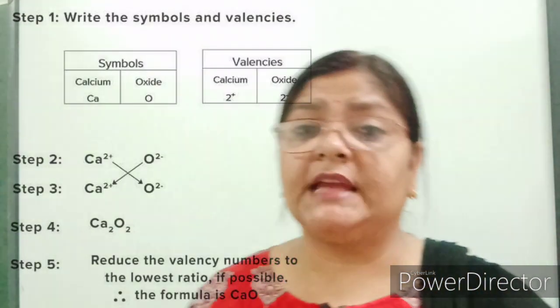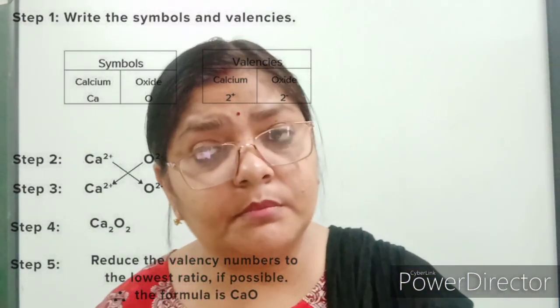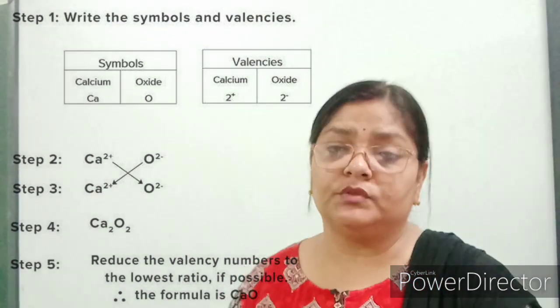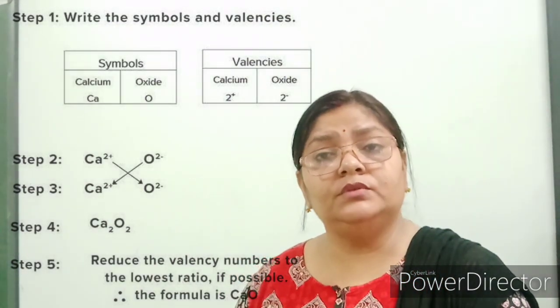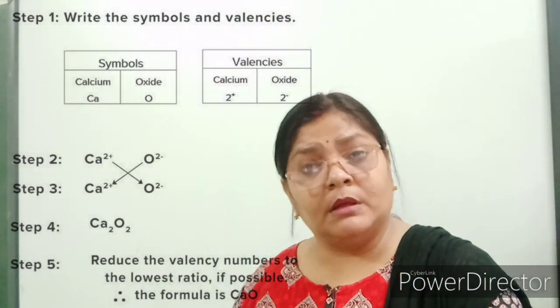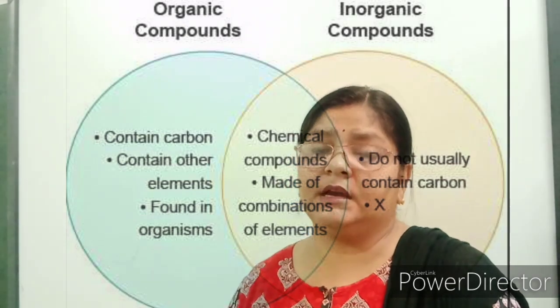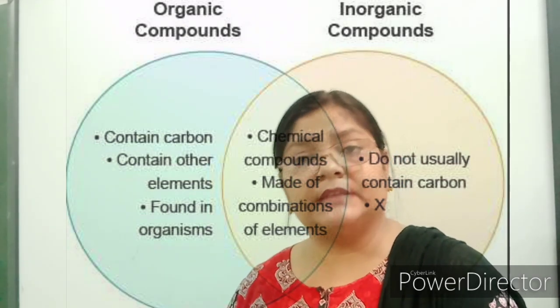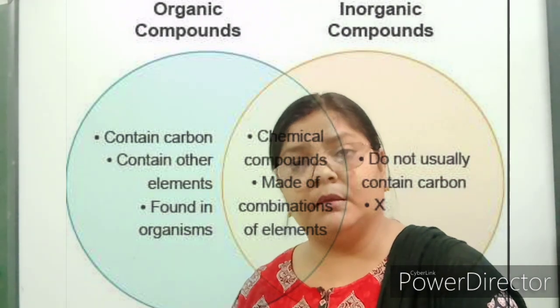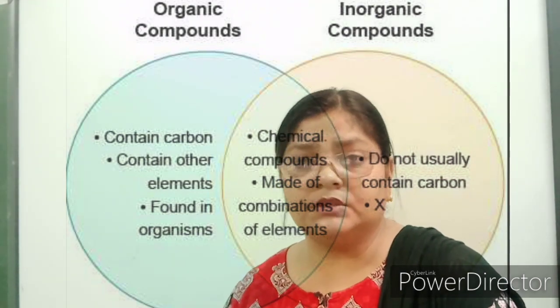Compounds can be of two types: organic compounds and inorganic compounds. Organic compounds are compounds in which one element that is combining is always carbon. So when there is carbon present in any compound, it is said to be an organic compound. If carbon is not present in a compound, then it is said to be an inorganic compound.